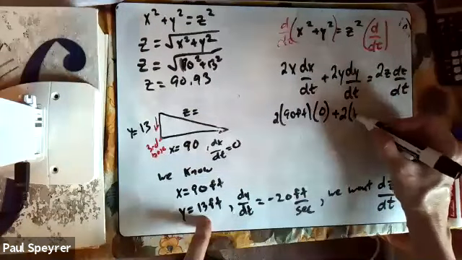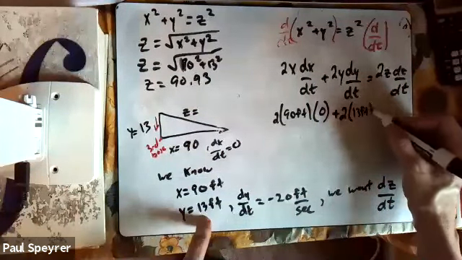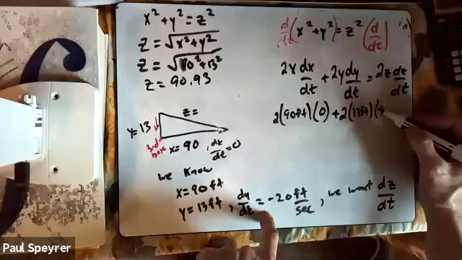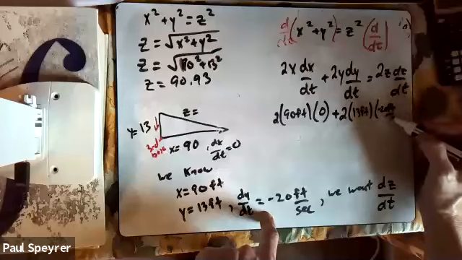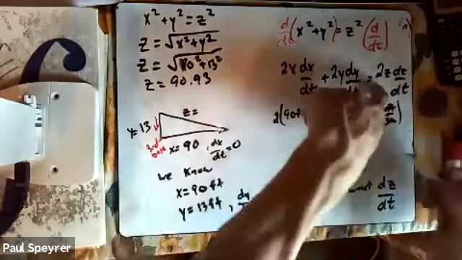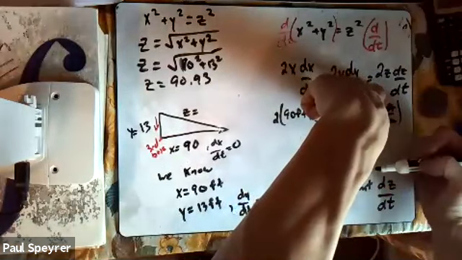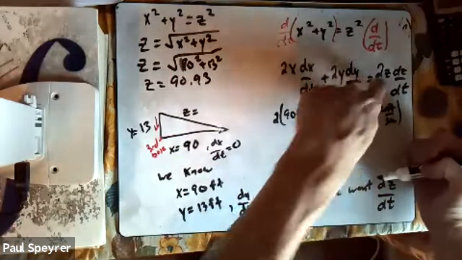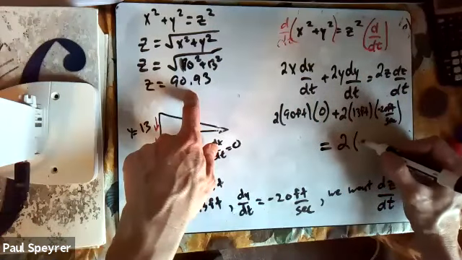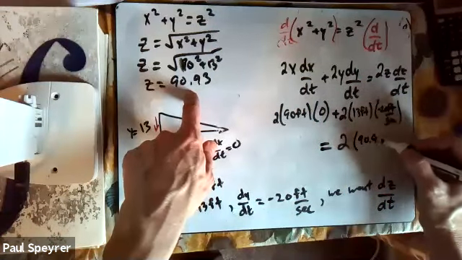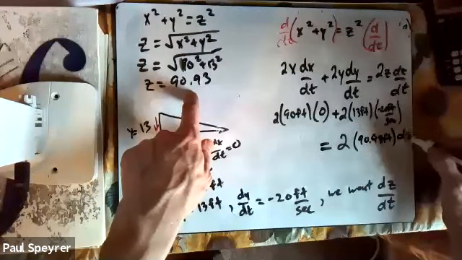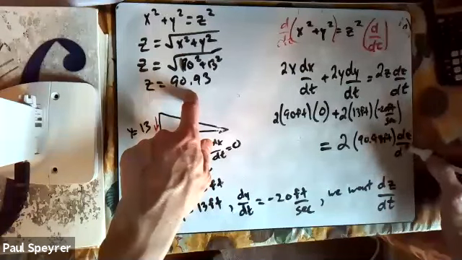Y was 13 feet. And then times dy dt, that's negative 20 feet per second. And that's equal to 2 times z, which is 90.93 feet, times dz dt.